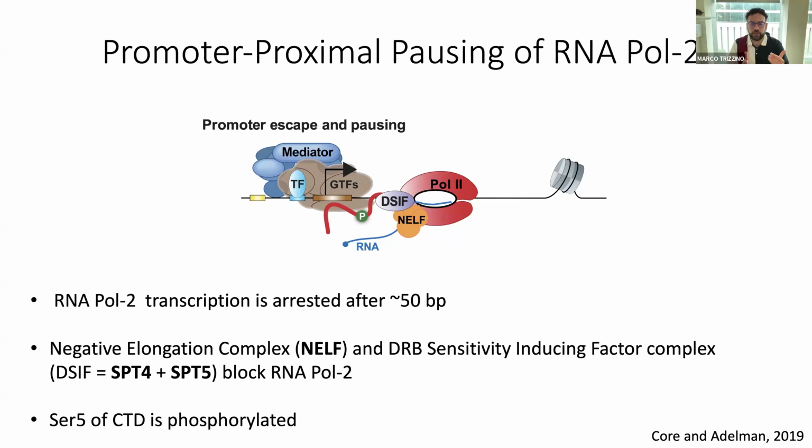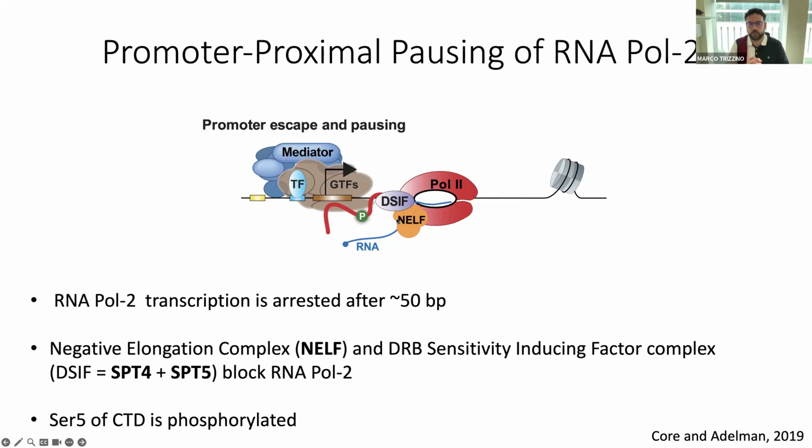So the serine number 5 gets phosphorylated, and your POL2 gets stuck, and it is kept stuck, and it can't move. And there are two main protein complexes that contribute to keeping the POL2 stuck in there. One is called NELF, and one is called DSIF. So these two protein complexes specifically keep your POL2 there. Your CTD is phosphorylated at serine 5, and this prevents POL2 moving.